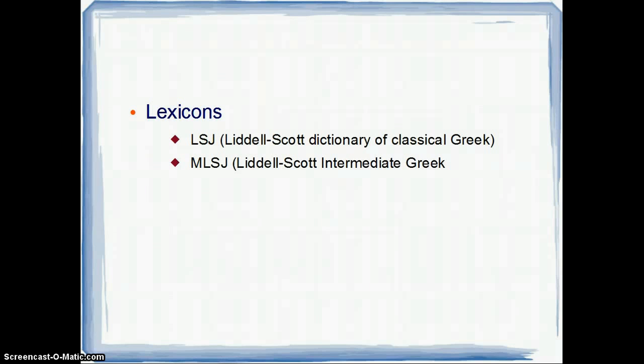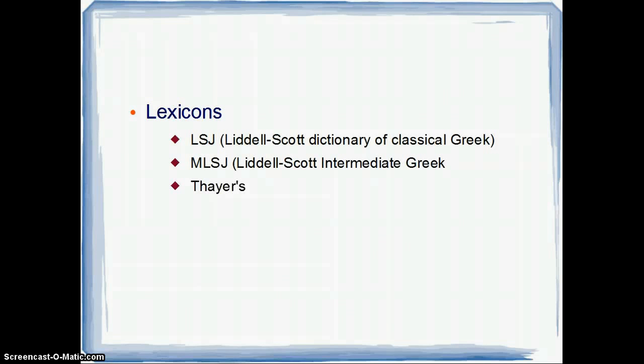What it does is hyperlink all of the references in Liddell Scott Jones and the Liddell Scott Intermediate to the actual things that are mentioned in there. For example, Plato, it will link you to an actual description and an actual piece of that manuscript that's being referred to. So it's very, very helpful to have those lexicons.